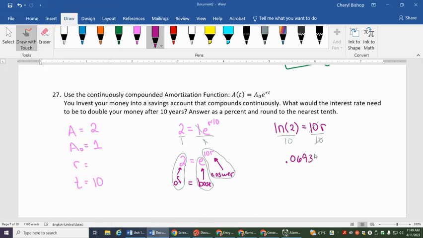Equals my rate. It says to write it as a percent and round to the nearest tenth. So if I move this over 2 places to write it as a percent and then round that to 1 decimal place, it's going to be 6.9% is my rate.